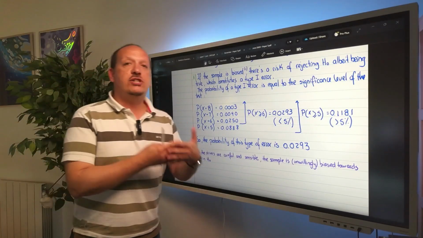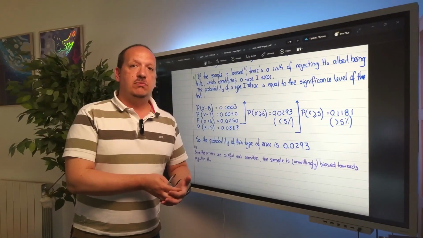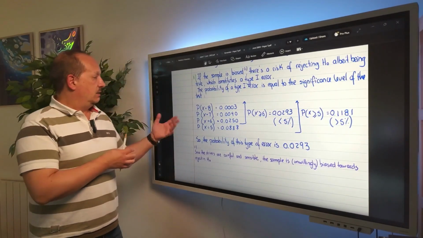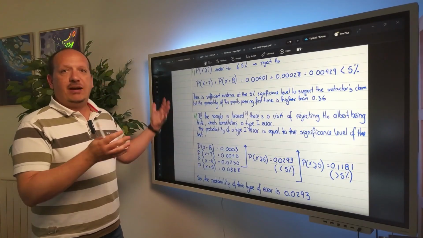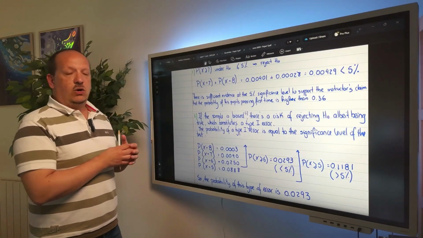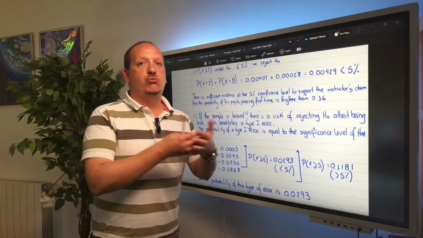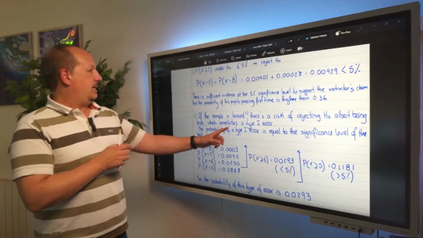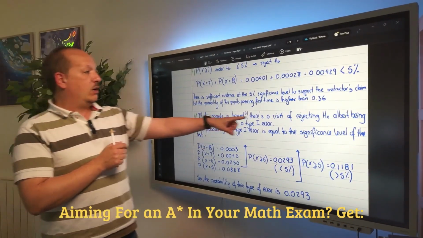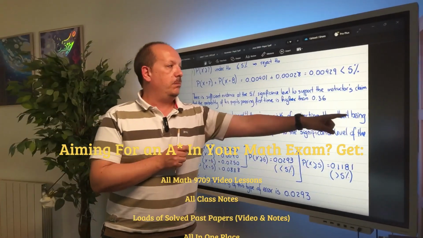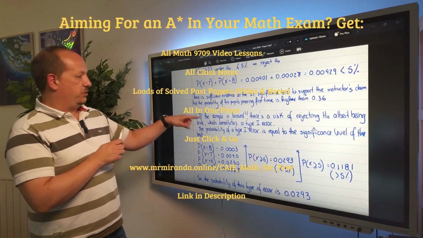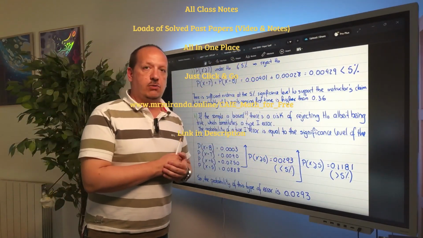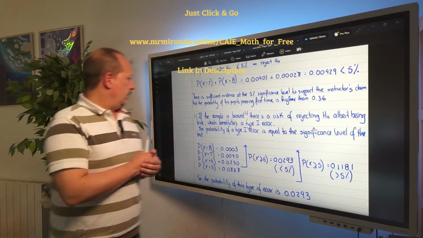Towards rejecting H0, towards saying that this instructor is above average, if you will, okay? So if you are biased towards rejecting H0, there's a risk of rejecting H0, albeit being true, which constitutes what? Constitutes a type 1 error, okay?